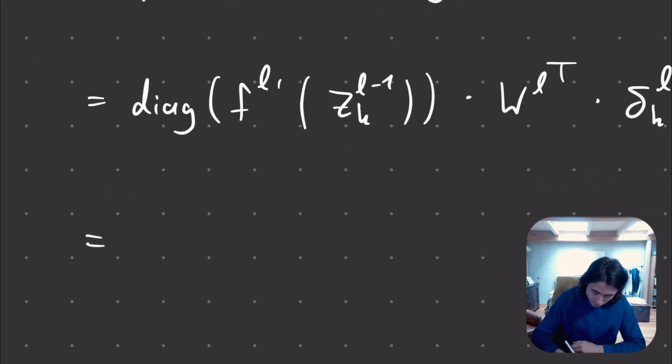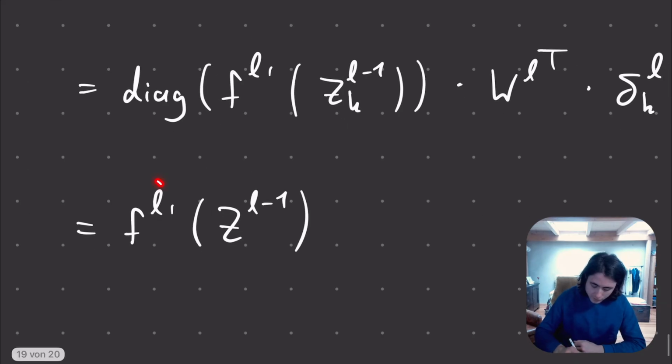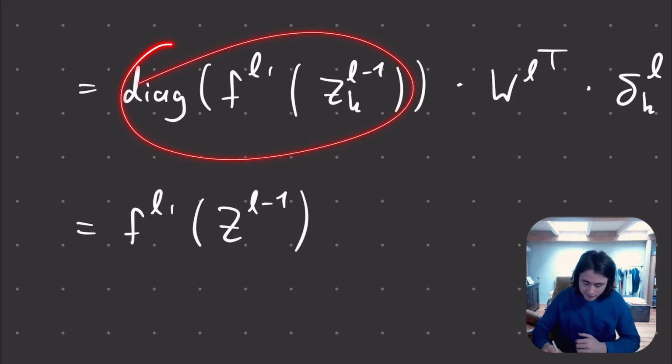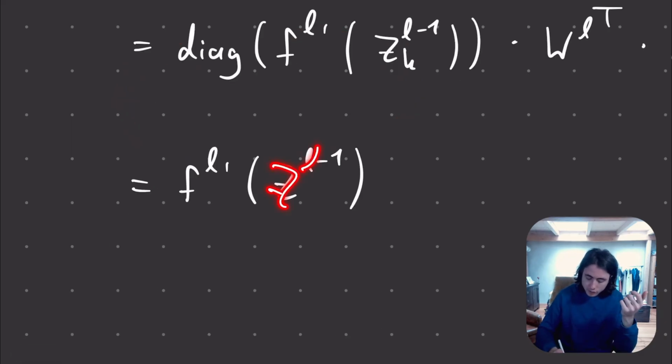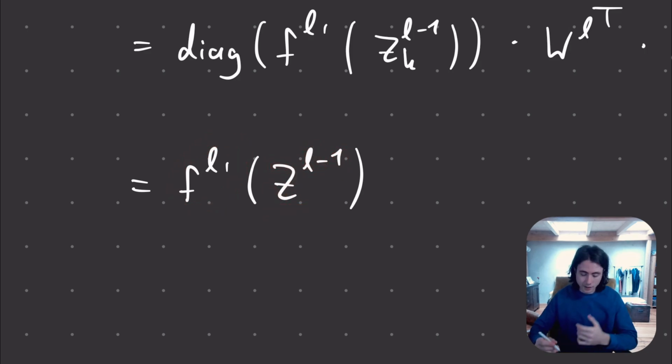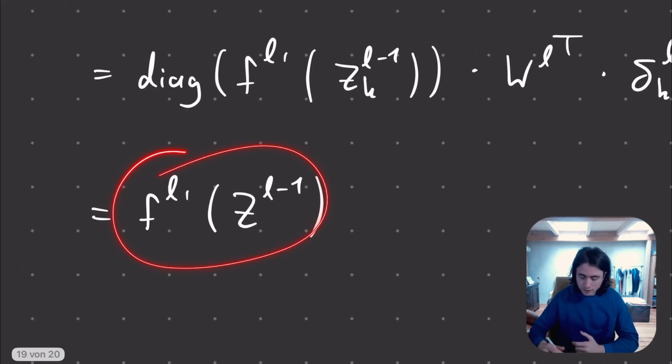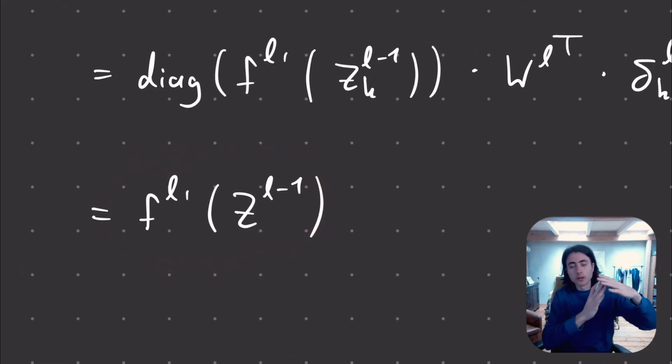So the result we are getting is FL prime of ZL minus 1. And now this is new notation, but I think it's even more intuitive than what we had previously. We're plugging in this matrix here and applying this function to each entry of this matrix, which gives us back a matrix of the same dimension. And this matrix has automatically compressed all of the diagonal entries into the columns.